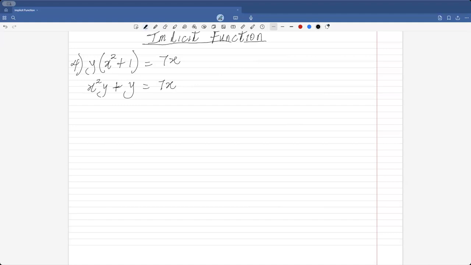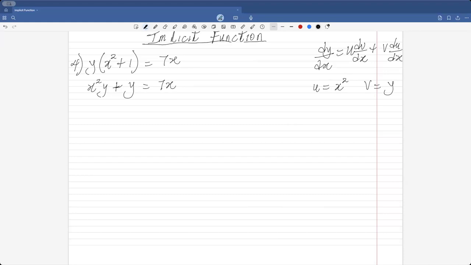Our formula is nothing but dy/dx equals u dv/dx plus v du/dx. And of course, we have u to be equal to x squared, v to be equal to y.